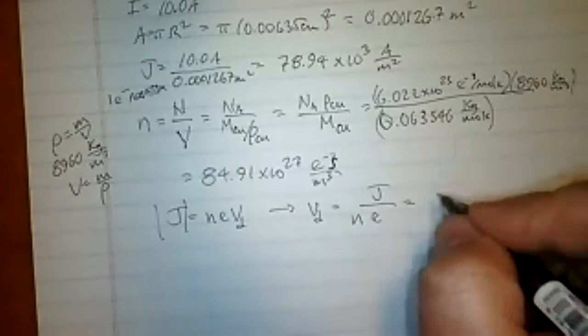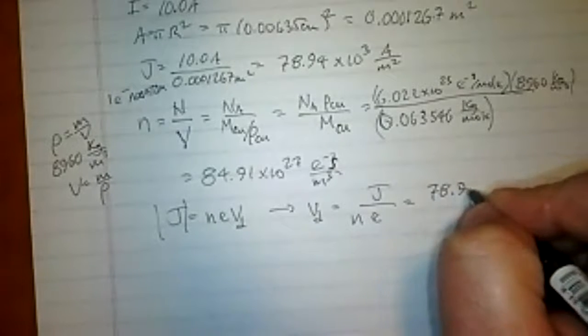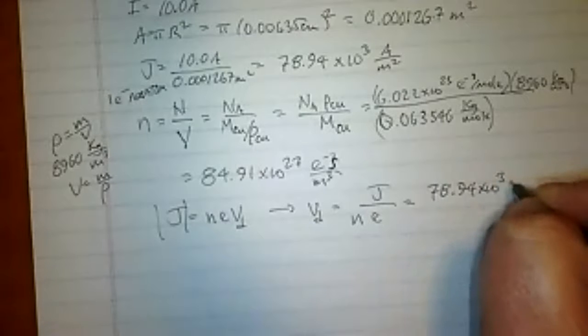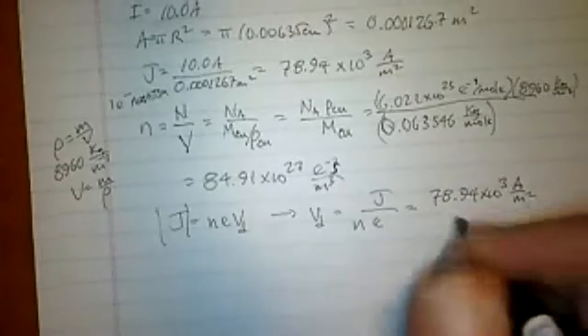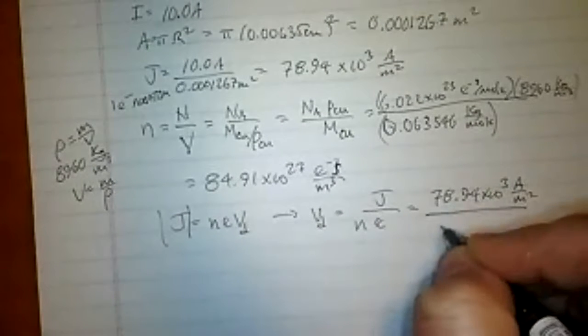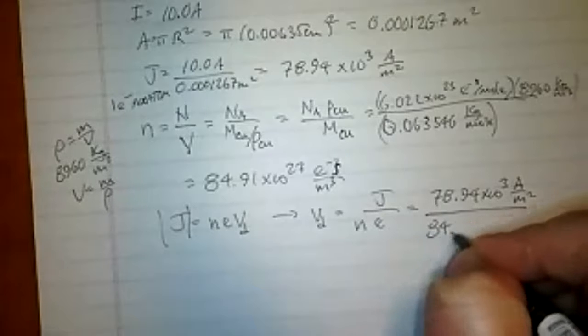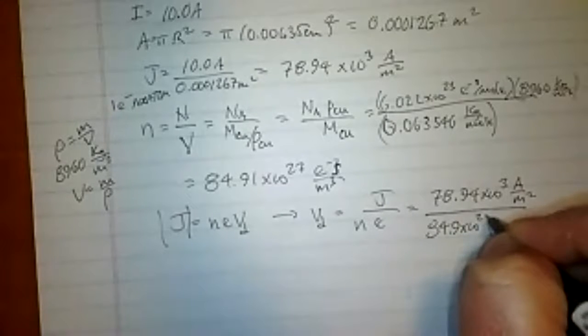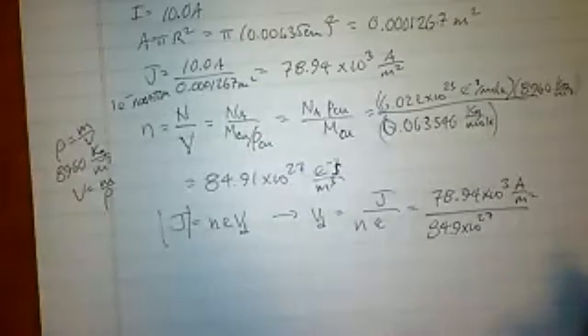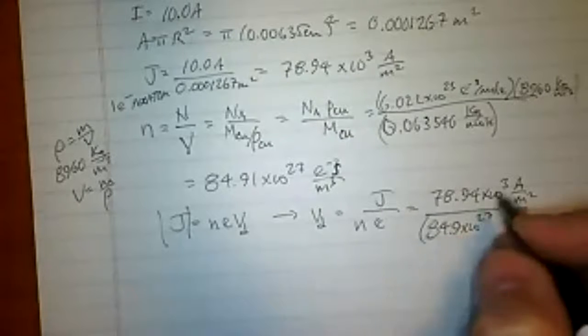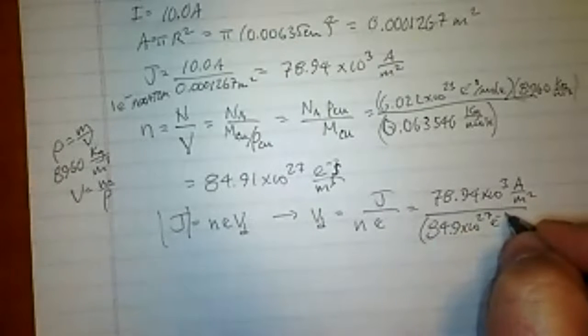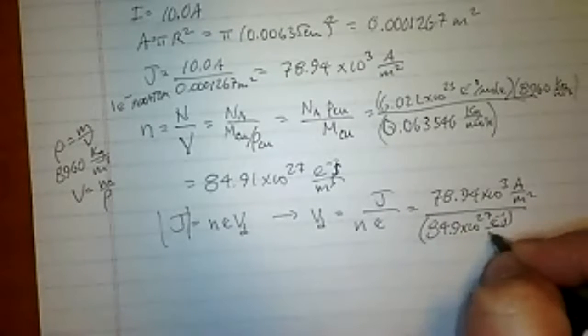So the J we already found was 78.94 times 10 to the third amps per square meter. The n we found was 84.9 times 10 to the 27th electrons per cubic meter.